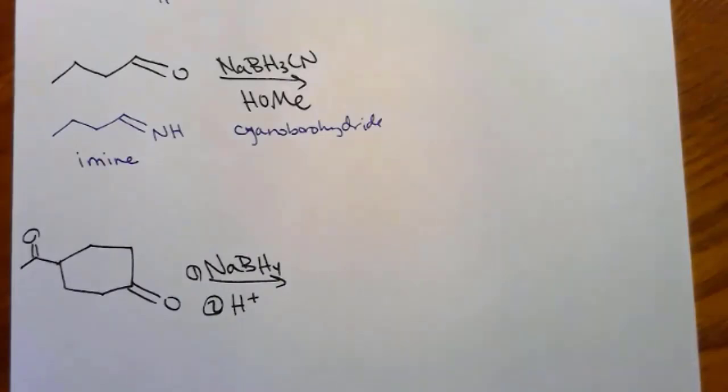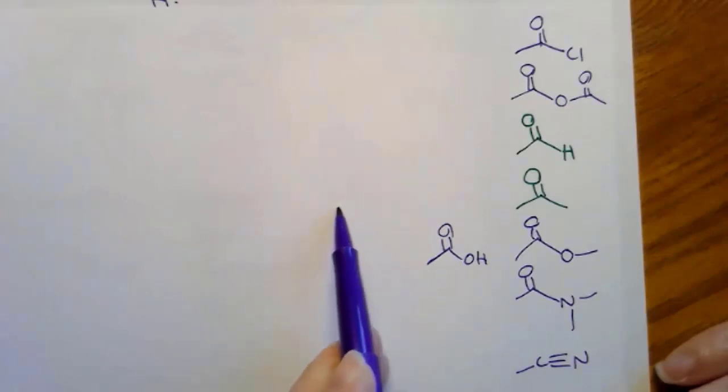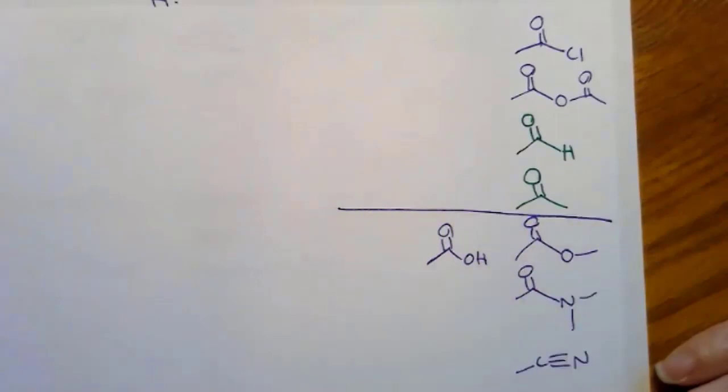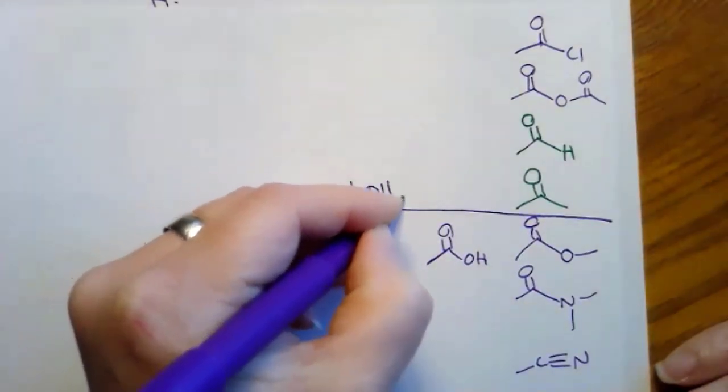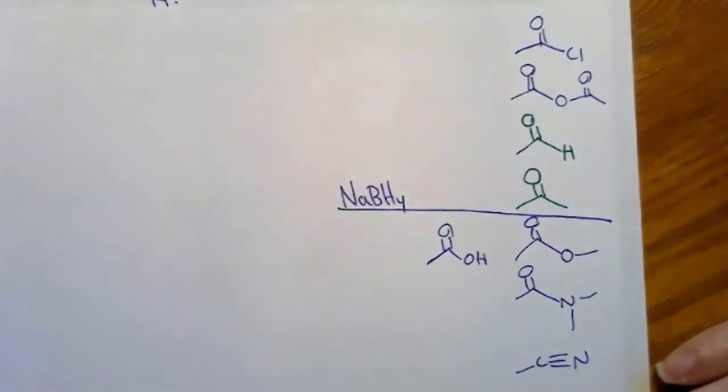So let's go back to our reactivity chart real quick. We have said boron things are less reactive than aluminum things. As it turns out, there's a line, and sodium borohydride can reduce everything above that line, but it's too weak to reduce anything below that line.